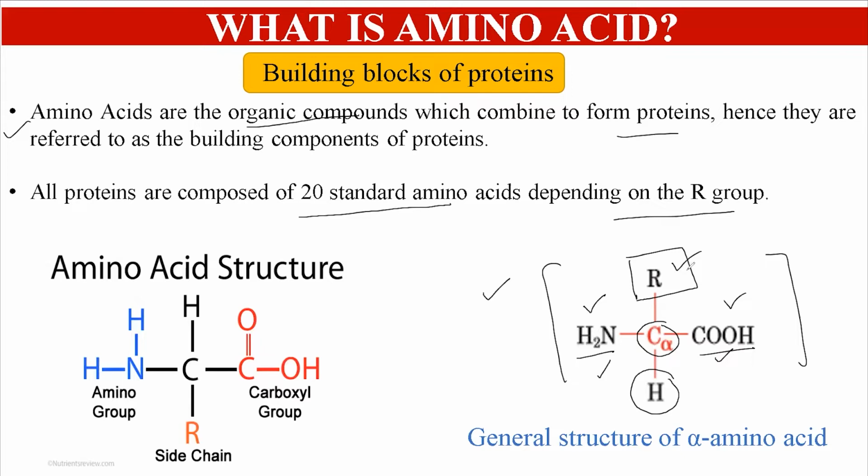This R group varies among these 20 standard amino acids. Everything else in the amino acid is going to be the same in all the 20 amino acids. Only this R group is going to vary. And that is what we are going to discuss in this lecture: what exactly this R group is in different types of amino acids and what properties it gives to the amino acid.